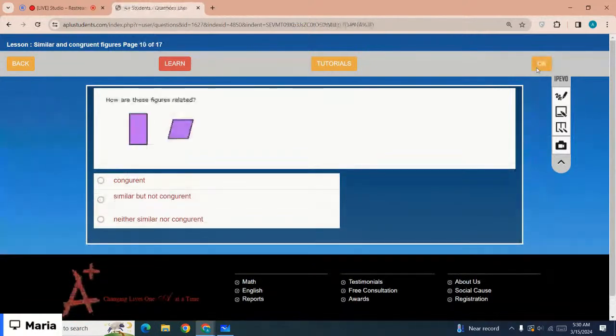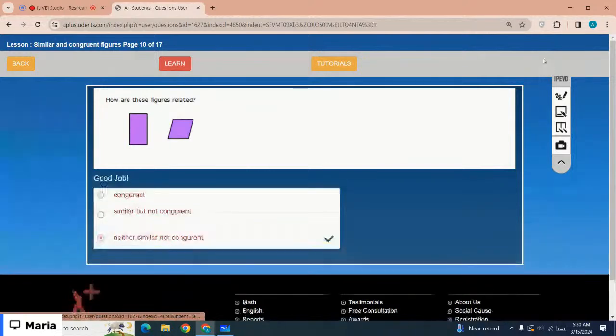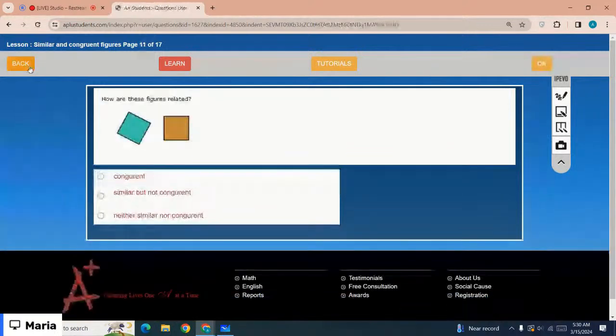How are these figures related? They are neither similar nor congruent, right? The correct option is neither similar nor congruent. Okay, you can complete the lesson by yourself later today. Let's just move on to the next lesson.